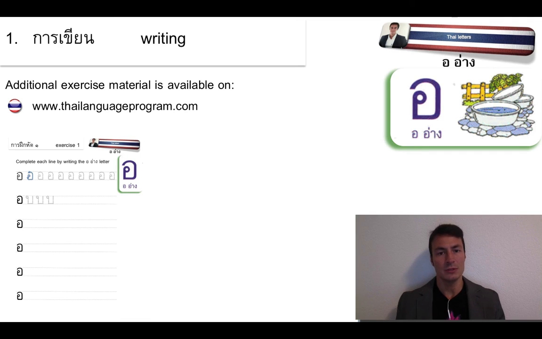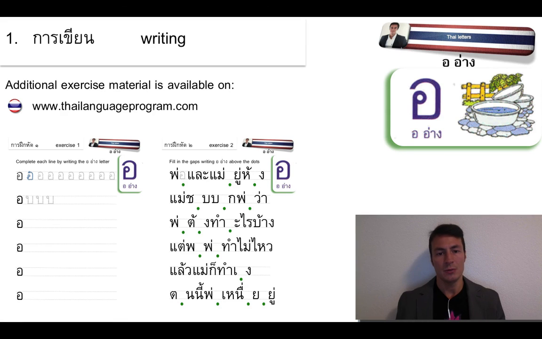You will also see, indicated by arrows in blue, as you could have taken from the video at the beginning of this lesson, how to follow the writing line of this very consonant in order to write it correctly by hand. On a second sheet of paper, you will be required to fill in the gaps within a text wherever you find a green point below the line, the ang consonant.